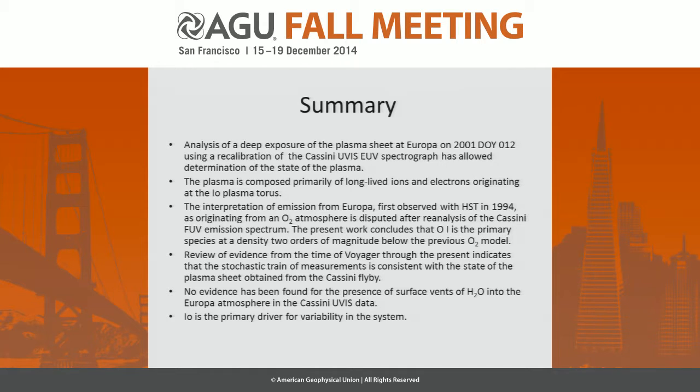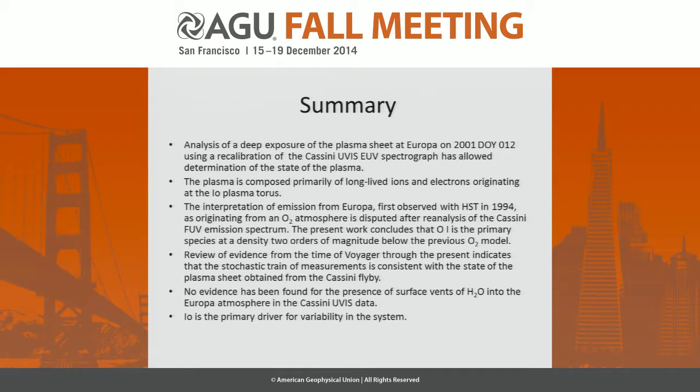Then the next thing we look at is the atmosphere, and disagree with the interpretation as an O2 atmosphere. It really has to be an atomic oxygen atmosphere at a density that's about 2 orders of magnitude lower. And looking at Voyager and Galileo results in the in situ measurements, results here are consistent with the Cassini flyby.